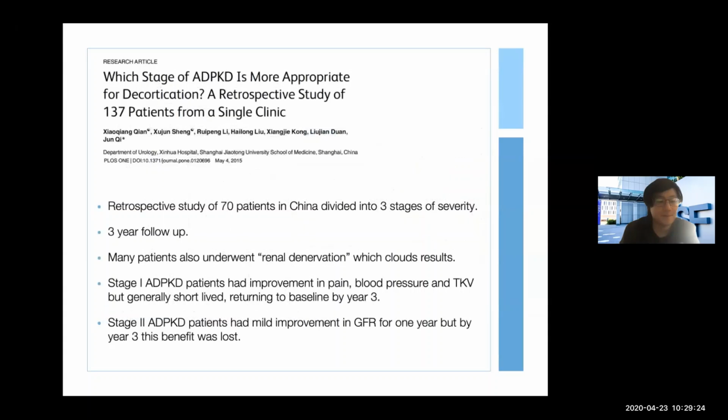Another study out of China, 70 patients. This one had a 3-year follow-up. Many of these patients ended up with, quote, renal denervation. We can certainly talk about that in the questions portion of this, but it kind of clouds the results as to the utility of this. And in general, these patients had improvement in pain, a little bit in blood pressure, but only in the mildest cohort. And these effects were relatively short-lived.